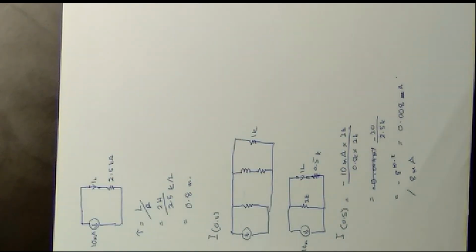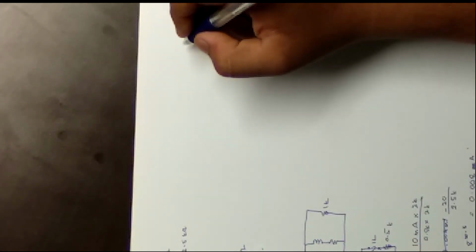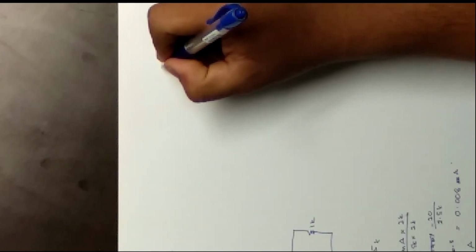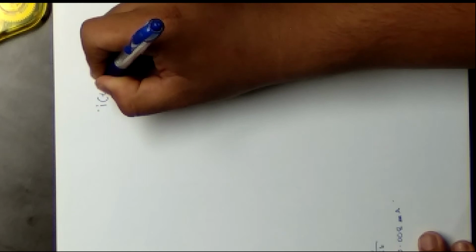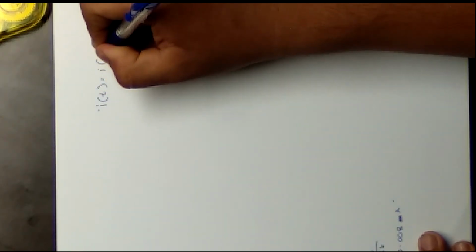After this, we take the given formula and write it back. I(t) is equal to I infinity plus the bracket of I(0) minus I infinity, times the exponent of negative t over tau.